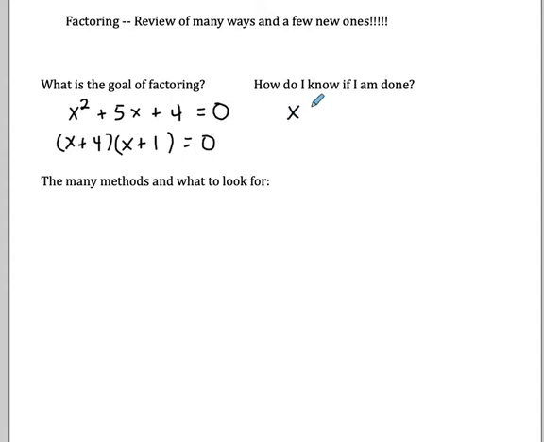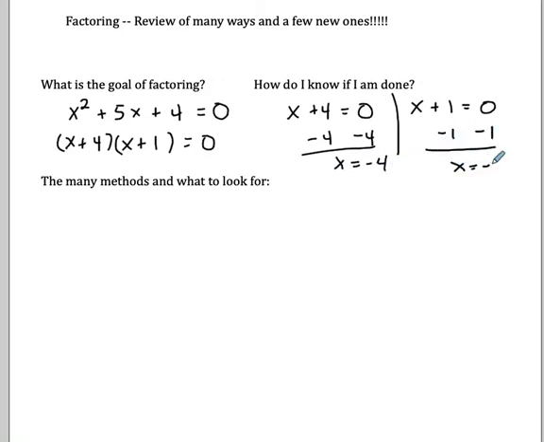So I could say that x plus 4, that first factor, if that's equal to 0, that's a possible solution for this equation. And also if x plus 1 is equal to 0, that's another possible solution for this problem. So then I can solve both of these linear equations and I can get x is equal to negative 4 and x is equal to negative 1.